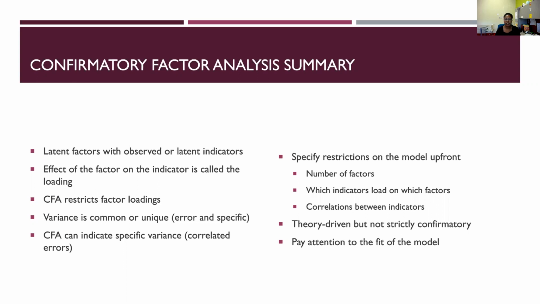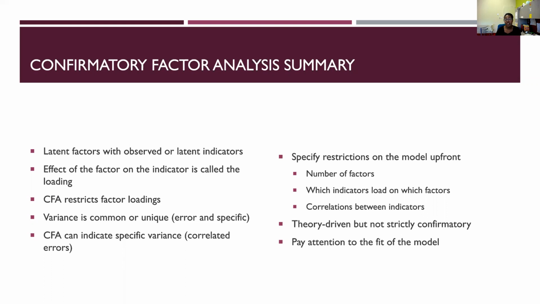We're going to be specifying our restrictions up front in CFA: the number of factors, which indicators are loading on which factors, which indicators are correlating, and which factors are correlating. The main thing here is that confirmatory factor analysis is theory driven. Even though it's called confirmatory, it's not strictly confirmatory. As you saw, we can make modifications based on the modification indices. We can change things around based on what the data is showing us.